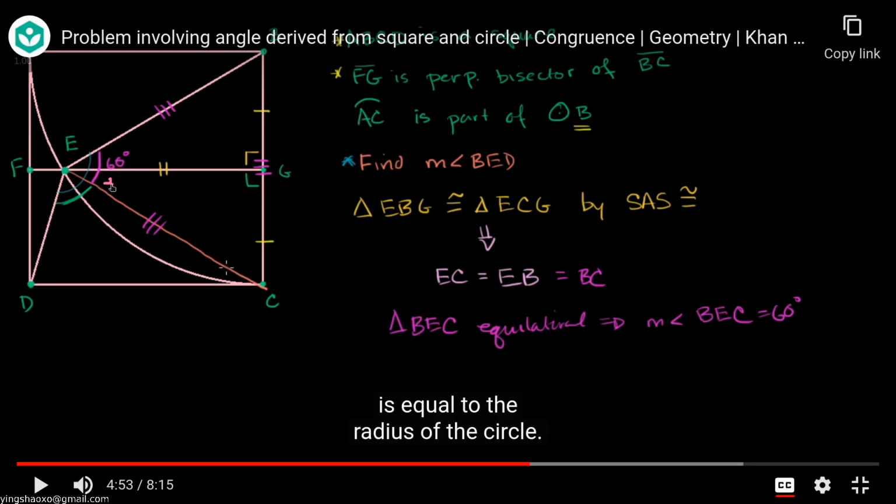Then this angle should be 30 degrees, and this angle is 90 degrees. Then 90 degrees minus 30 degrees would be 60 degrees for this angle. And for this angle, because it's a right angle, it is equal to 30 degrees.